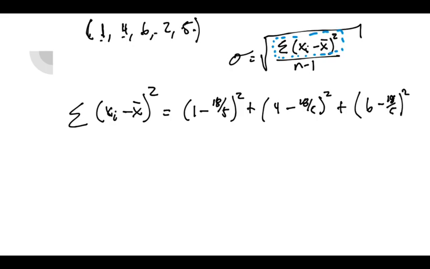And then I could get my calculator out and calculate each of these things. And they're going to be ugly little decimals because of the 18/5. And then you would square that, which would make the decimal even worse.